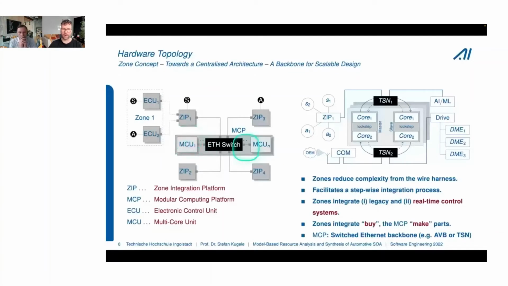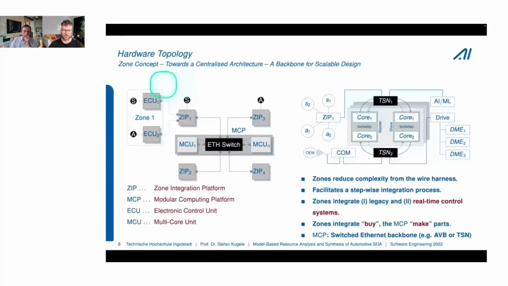This powerful centralized computing platform is then maybe connected to so-called zonal integration platforms, which are capable of integrating also legacy components, which maybe are not using Ethernet as communication technology, but maybe LIN or CAN bus.